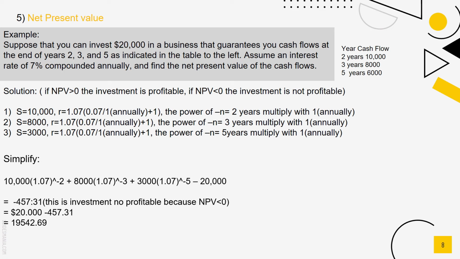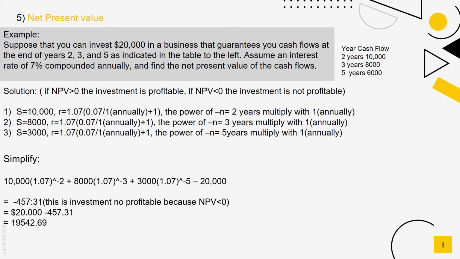Compute 10,000 multiplied by 1.07 to the power of negative 2, plus 8,000 multiplied by 1.07 to the negative 3, plus 3,000 multiplied by 1.07 to the negative power of 5, minus 20,000, and you will get negative 457.31. This investment is not profitable, because the net present value is less than zero.